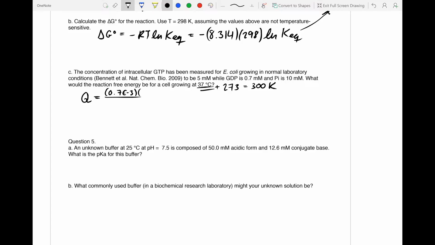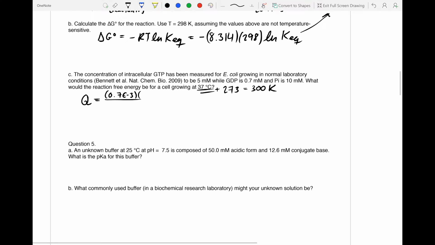So just like above, we're going to take the concentrations and get our value for Q. And once we've computed Q, we're going to use the following equation: RT natural log Q over K.